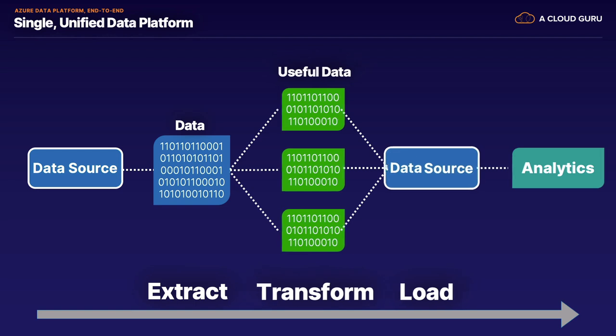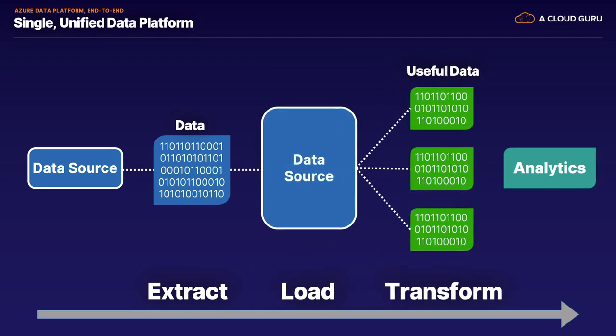And because of that, we can move that process forward, where the extract process is immediately placed into a data source that is large enough to handle all of the data that we need, and we can transform it after it reaches that data source, which makes it quicker to access and transform for analytics. This is also known as an extract, load, transform process, or ELT, instead of ETL.